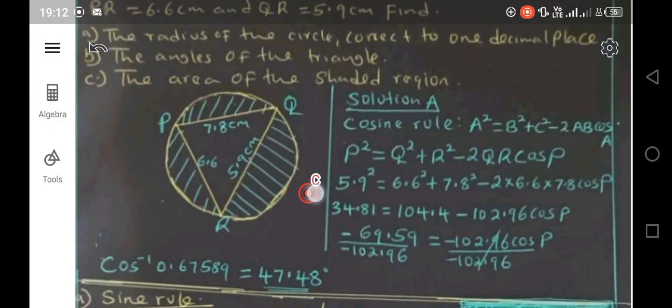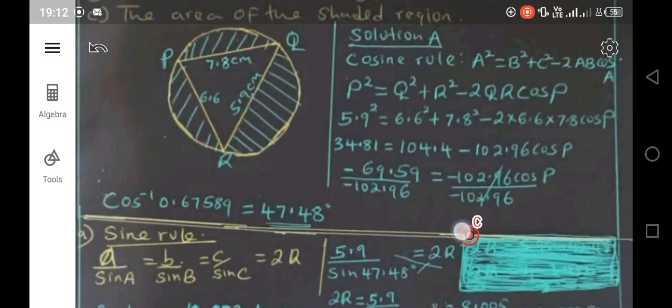What we have used there is for us to find this angle, QPR. Whenever you square 5.9, you get 34.81, which is equal to 104.4 minus 102.96 cos P. Divide by negative 102.96 on the other side, so this side cancels.